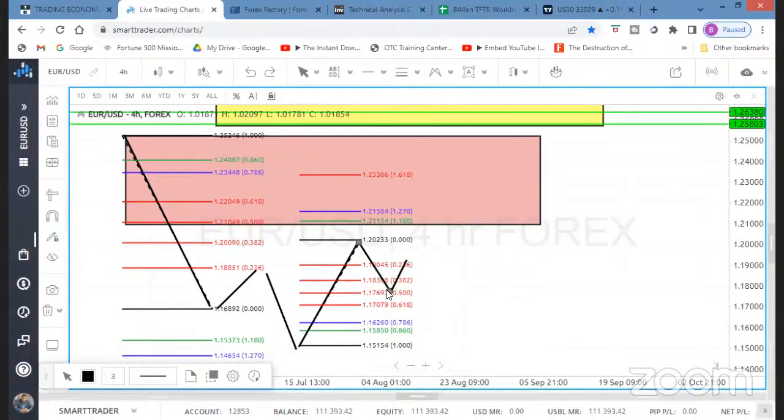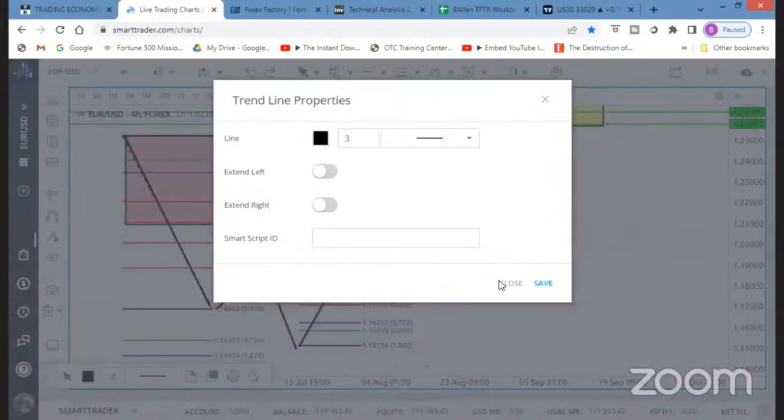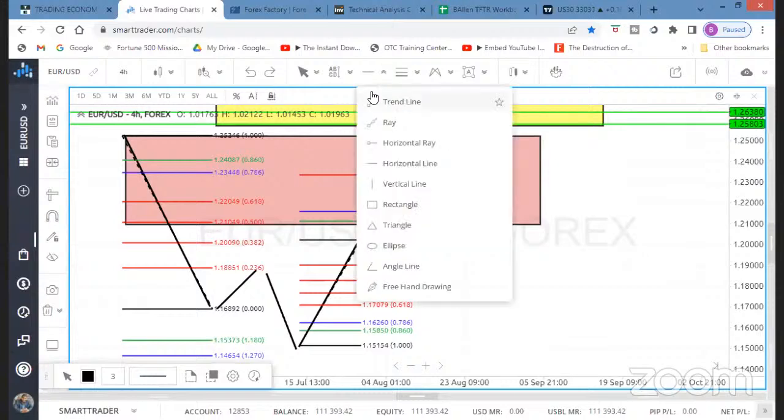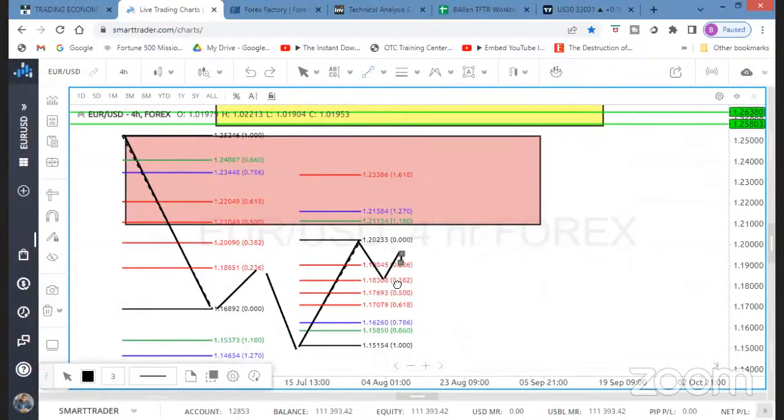So say it'll come to like your 382, and then it'll pull back like so. And then it'll push down on you like that.